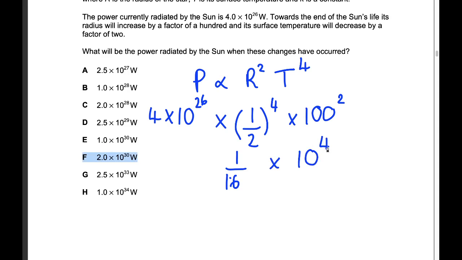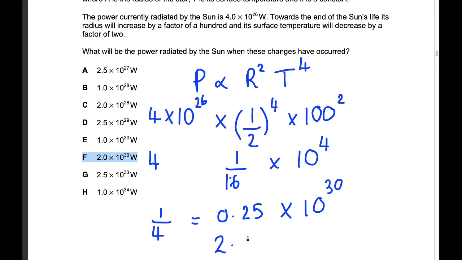So I've got a 4 times 1 over 16, which gives me 1/4, which is 0.25. So I should end up with 0.25 times 10 to the 30. I'm just adding the powers, 26 and 4. And if I want to put that in standard form, I would take one of those powers of 10 and change it to 2.5 times 10 to the 29, which is option D.